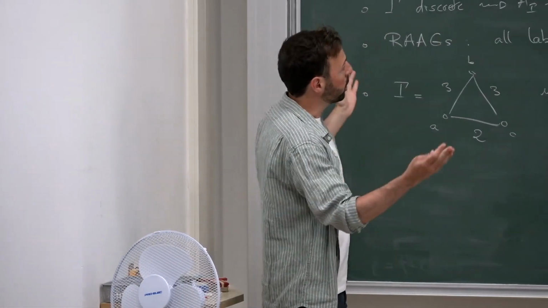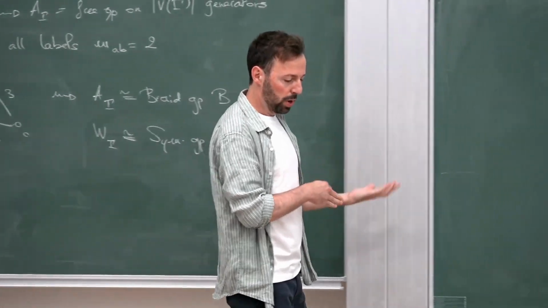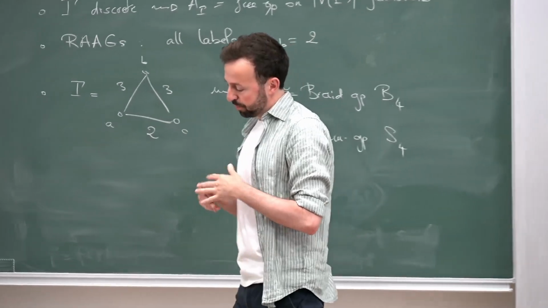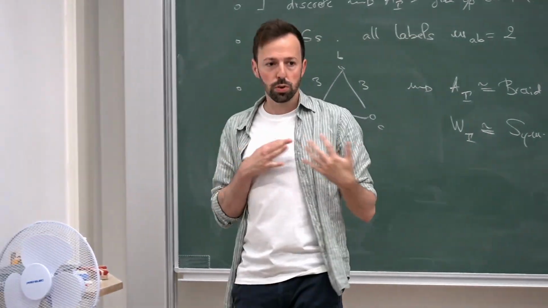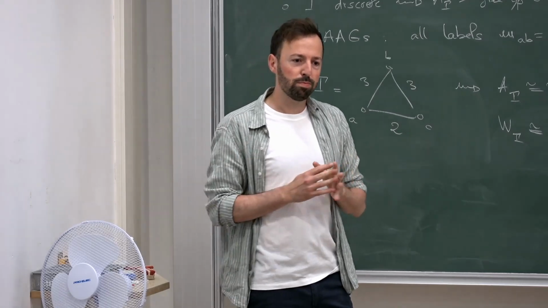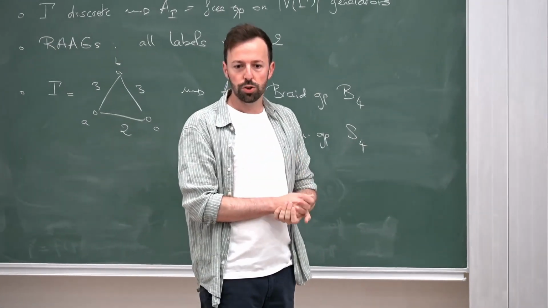Okay, so Artin groups in general are kind of a wide family that generalize RAAGs, but also braid groups. And so we'd like to understand them, and at the moment, in general, we don't. So essentially, any property about groups that you're interested in is unknown for general Artin groups.